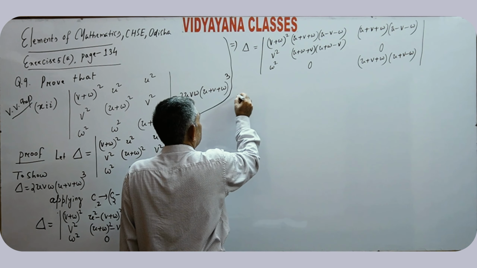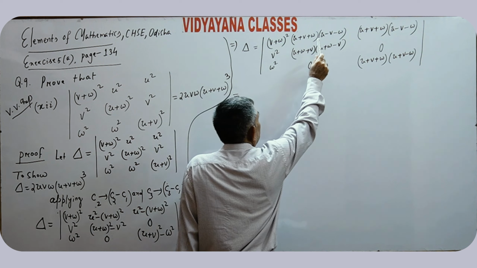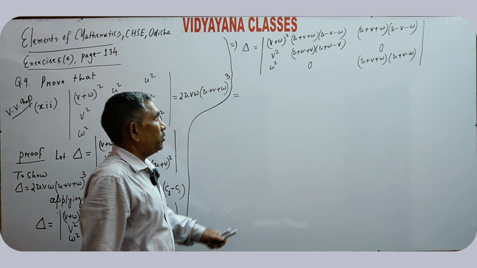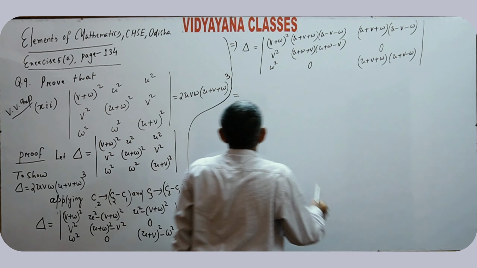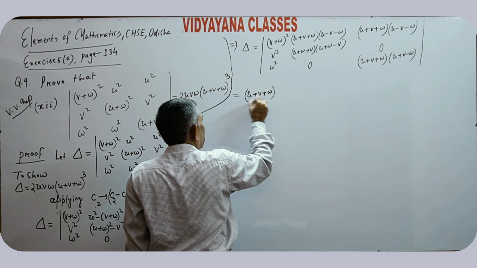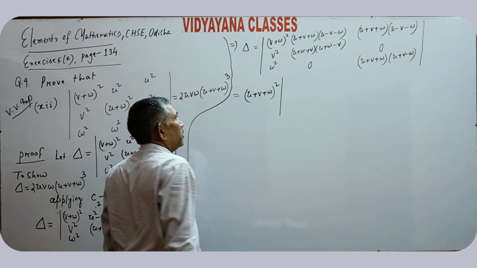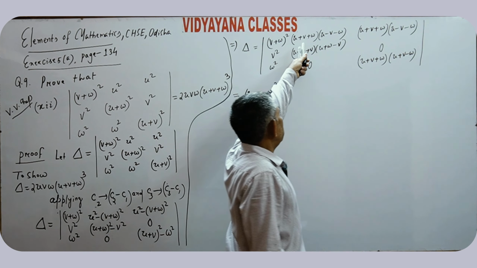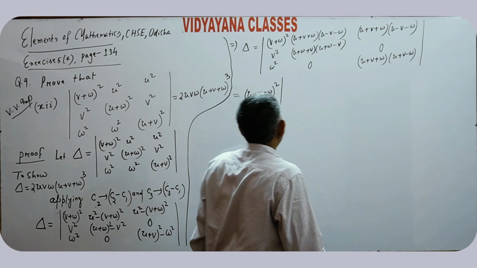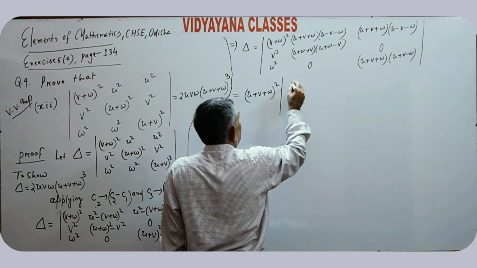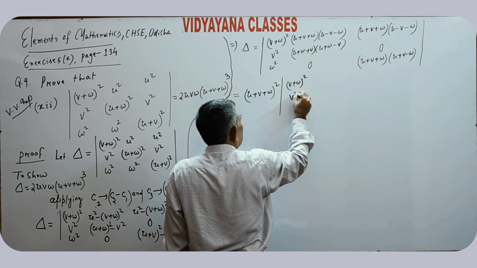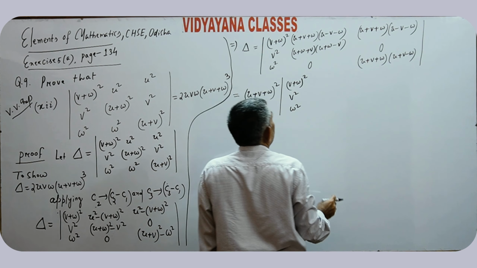Taking u plus v plus w from column 2 and column 3, it gives (u plus v plus w) whole square into the determinant having elements (v plus w) whole square, v square, w square.